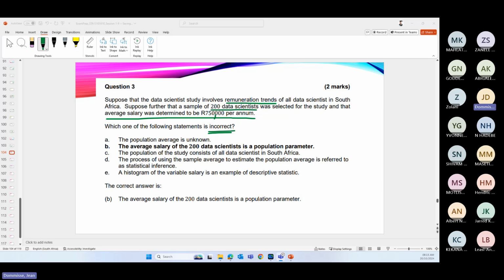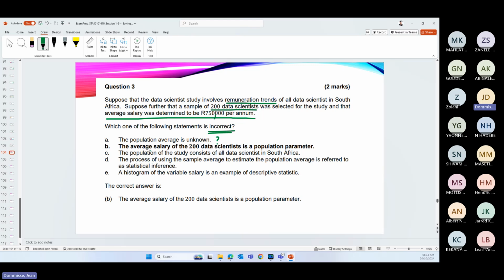I will do that. So let's look at the first one. Population average is unknown. Okay, so that's the interesting one. The average salary, so we come back to the first option.